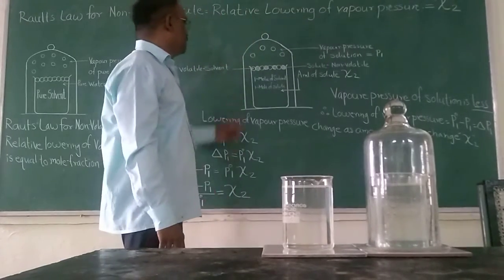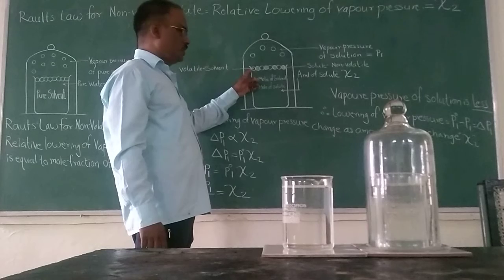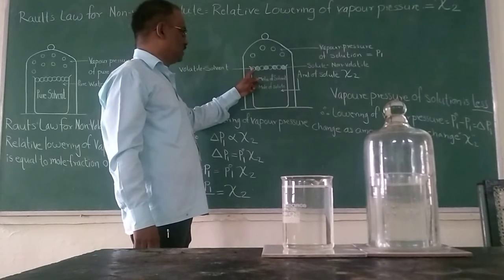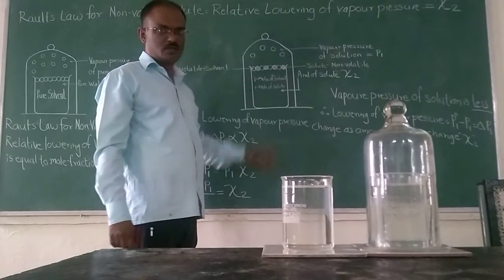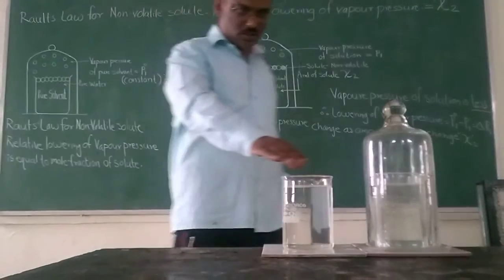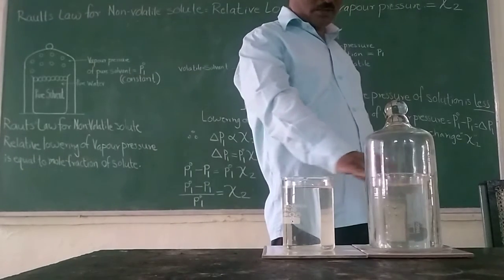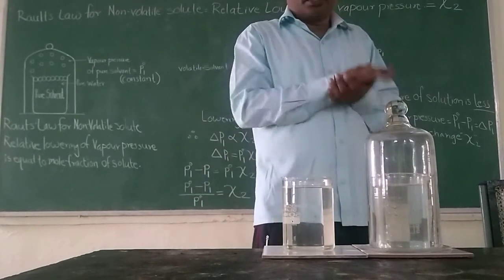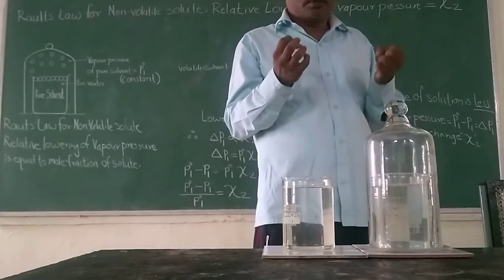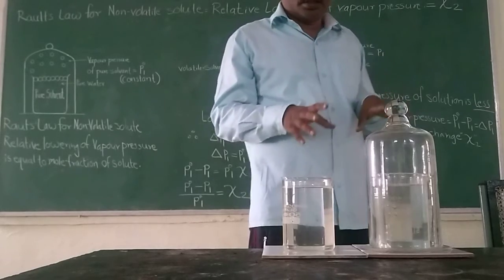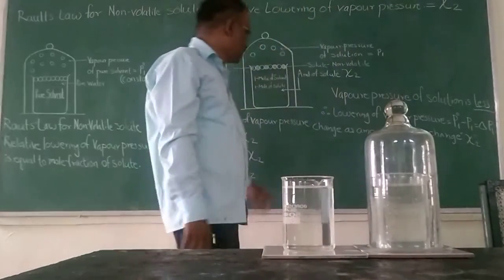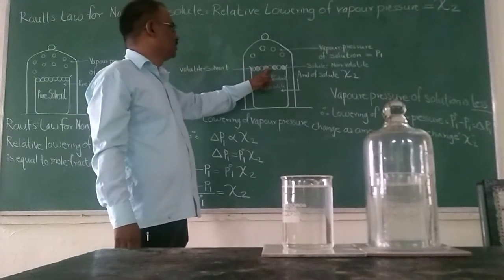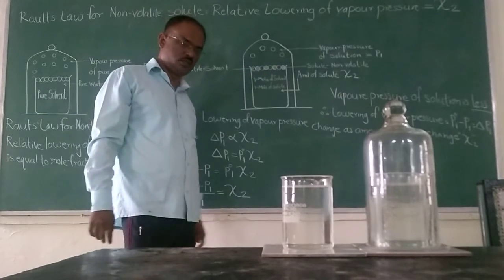Because see here, the solvent molecules are water. These are the solvent molecules 1, 2, 3, 4. Now on the surface of the sodium chloride solution, only 4 water molecules are there. Means the number of the water molecules is decreased. 1, 2, 3, 4. 4 water molecules only.